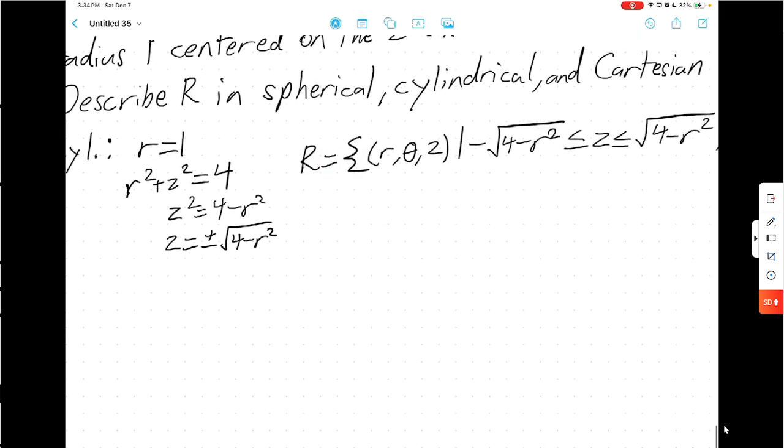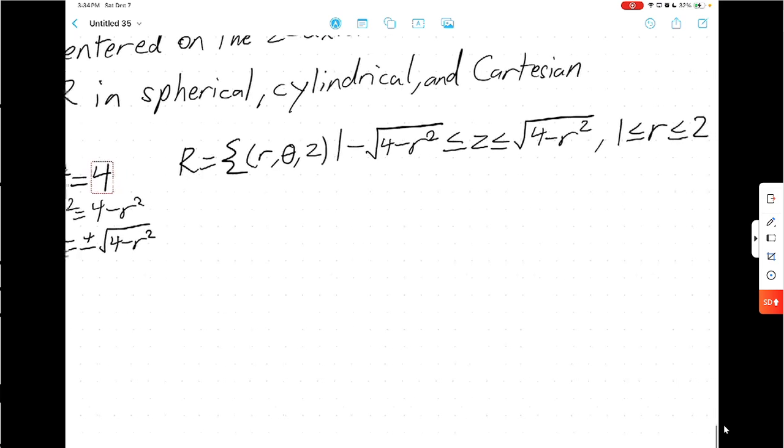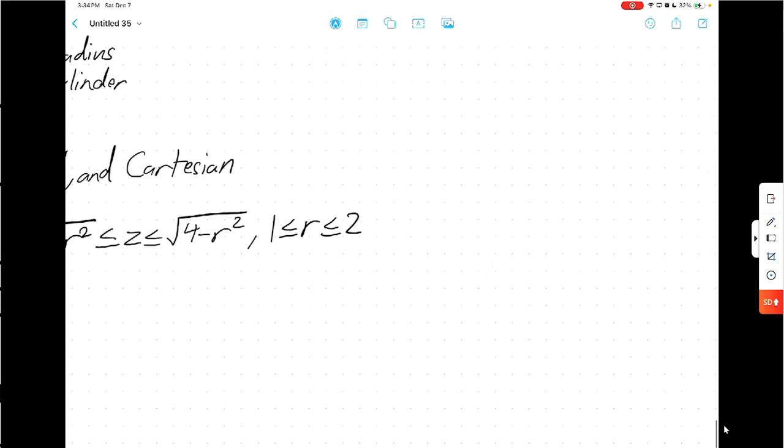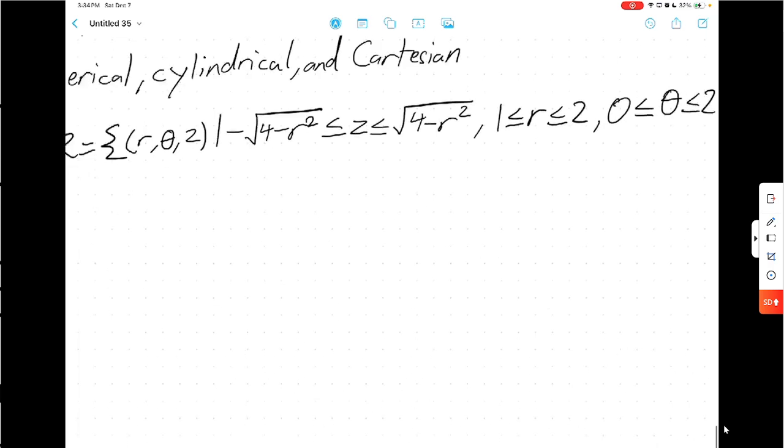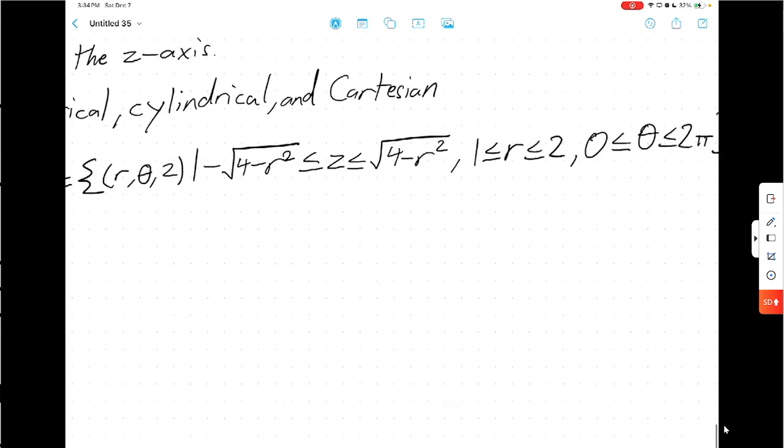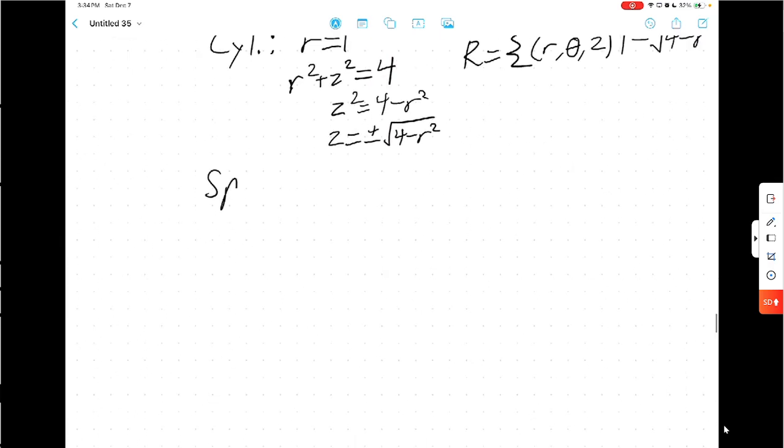The 1 is coming from the cylinder that's getting omitted, and the 2 is coming from the sphere. And theta goes from 0 to 2 pi, because there's no restrictions on it. It can be anything. So that's R in cylindrical.